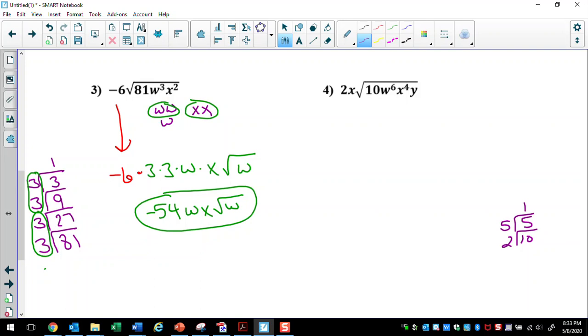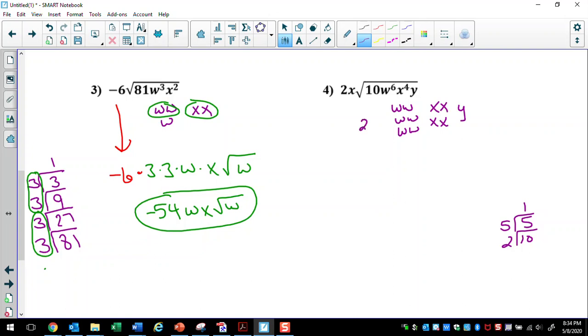But let's break down our variables. So I've got 6 W's. So there's 2, 4, 6. I've got 4 X's, so 2, 4. And then I've got 1 Y. Alright, so now inside that radical I have a 2, a 5, my W's, my X's, and my Y's.